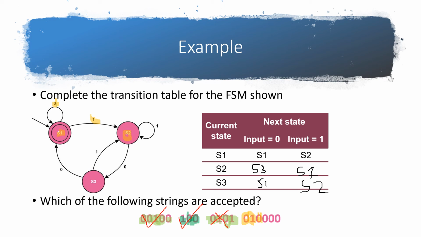The 0 there is going to move us on this transition to S3, and then the 0 there is going to move us on this transition back onto S1, and then these last two zeros are essentially going to use this transition again.